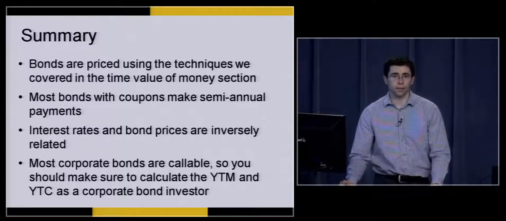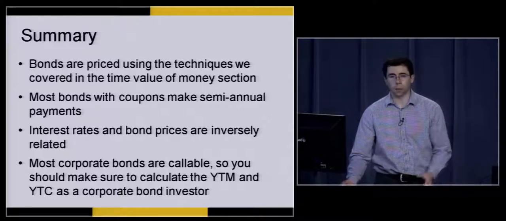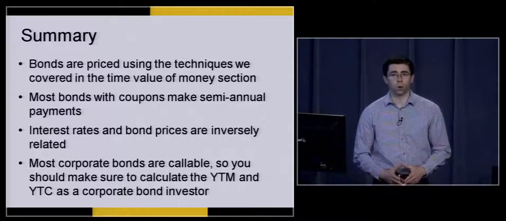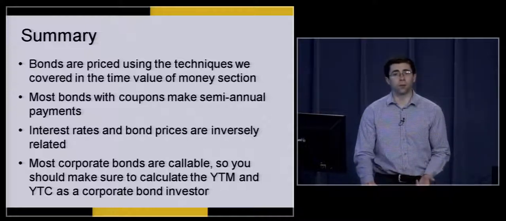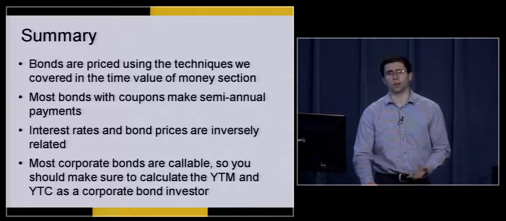When interest rates rise, bond prices fall. And lastly, we talked about the fact that corporate bonds are callable. So if you are a bond investor or considering becoming a bond investor, not only should you be calculating the yield to maturity, you should also be calculating the yield to call and ideally the current yield.